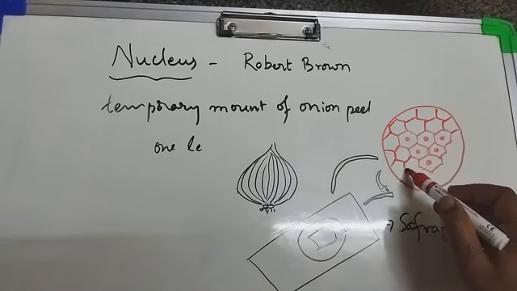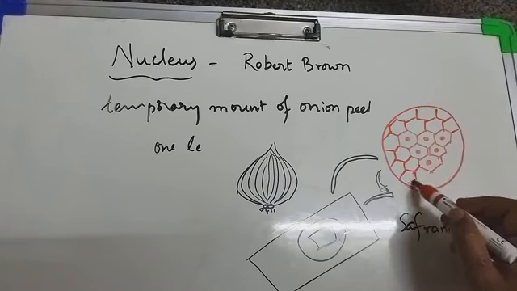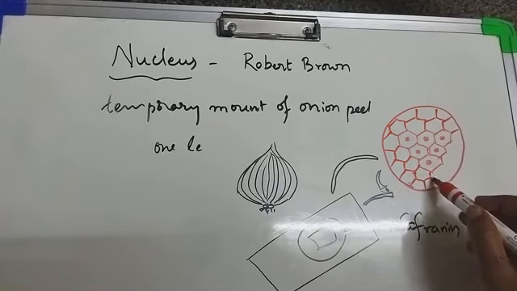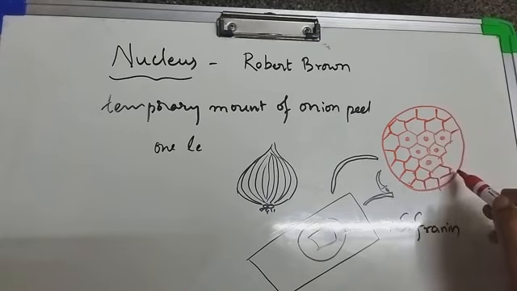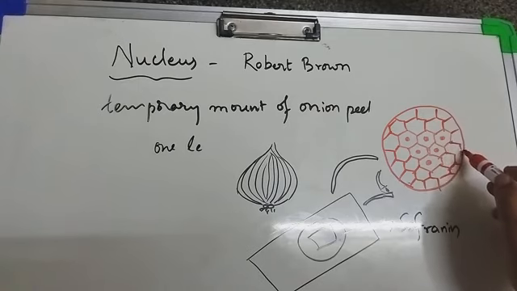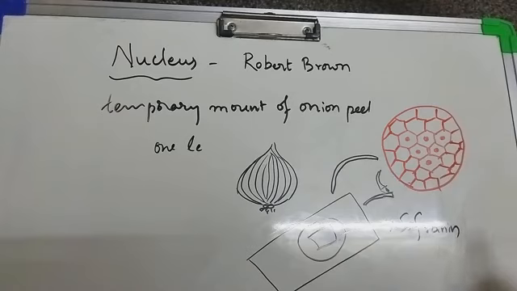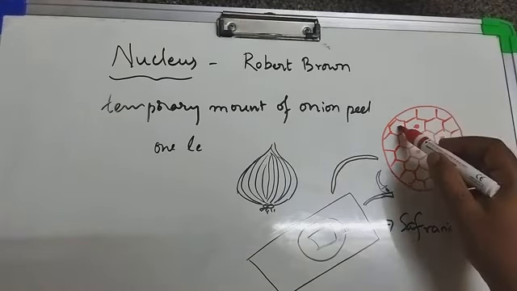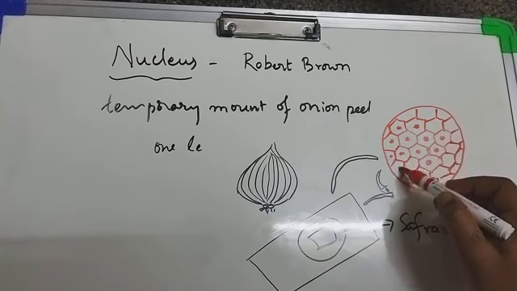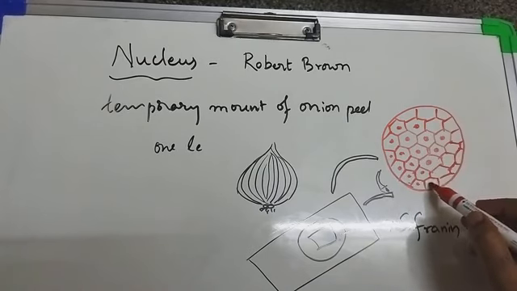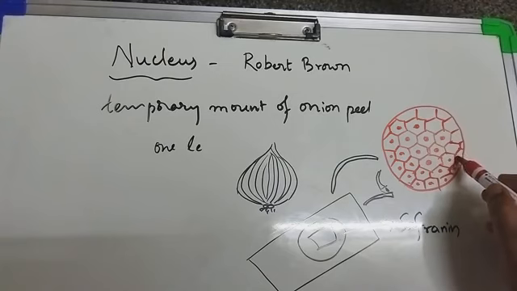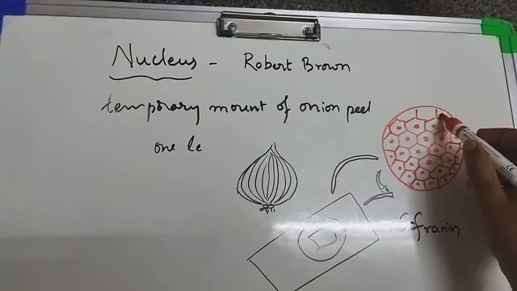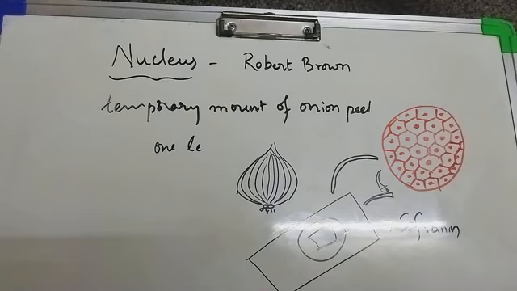If you carry out the experiment in the laboratory, you are going to get the result like this only. Why is it round? Because the objective lens through which we watch is circular in shape, so we get this type of view only.